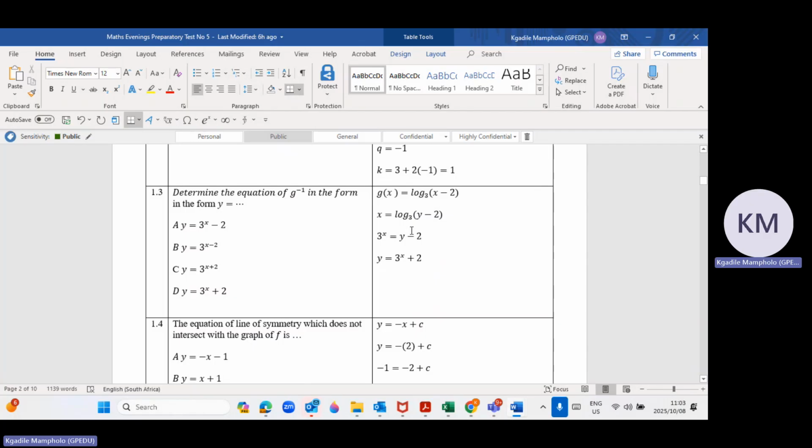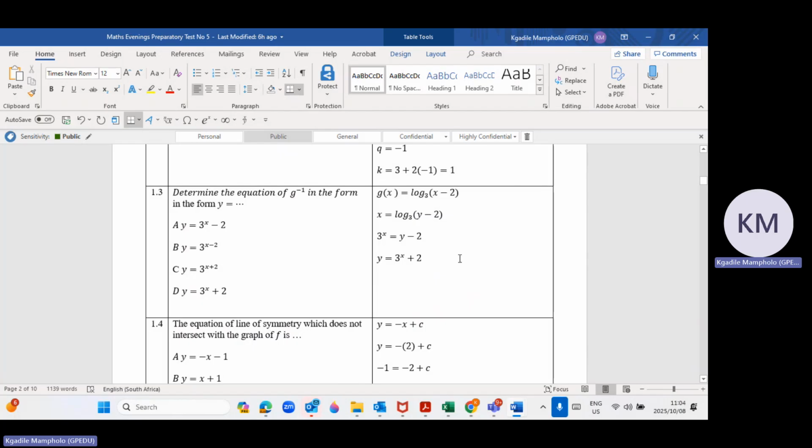Now, k is 1. Question 1.3: determine the equation of the inverse, g to the power negative 1, in the form y equals. You first interchange x and y. Remember, in this kind of question, it will be 2 marks.